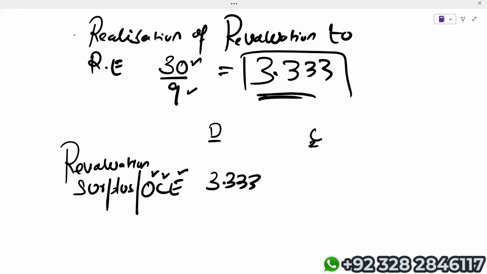Incorrect. Absolutely wrong. If you want to debit, you can debit revaluation surplus slash other component of equity. Credit is going to be retained earnings. We are slowly and gradually realizing the revaluation surplus, transferring it to the retained earnings.